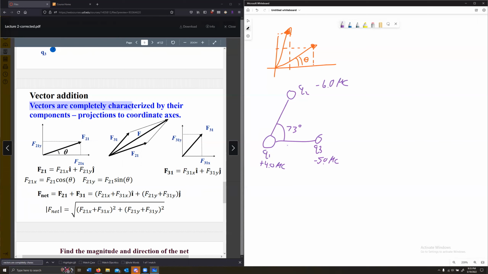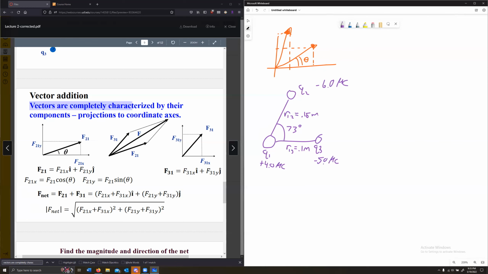Now the distance R1 to 3 is going to be 0.1 meters. Then this distance right here, R1 to 2, is going to be 0.15 meters.